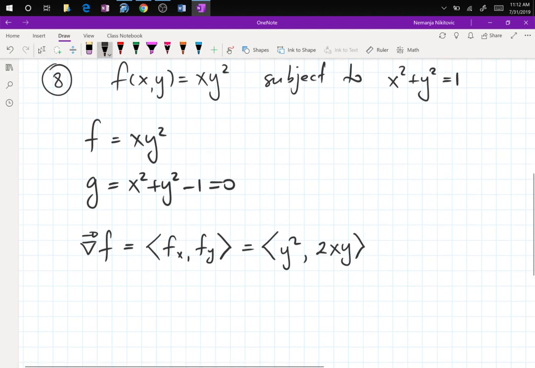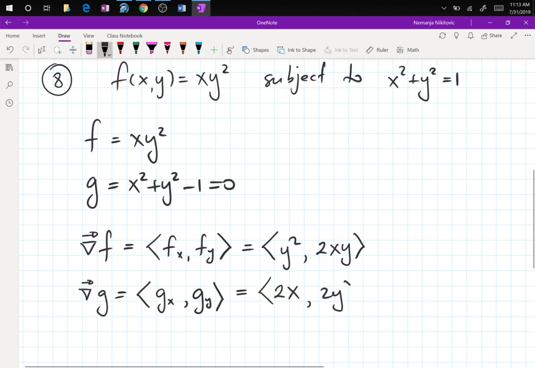Now I need to find del g, which is gx, gy partial derivatives. So that's just going to be 2x and 2y.